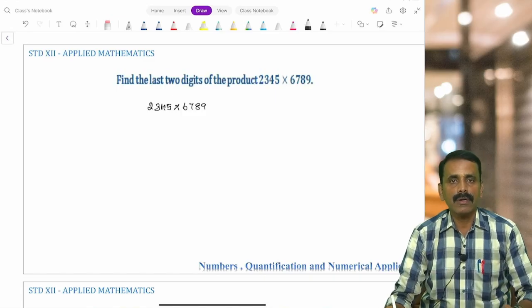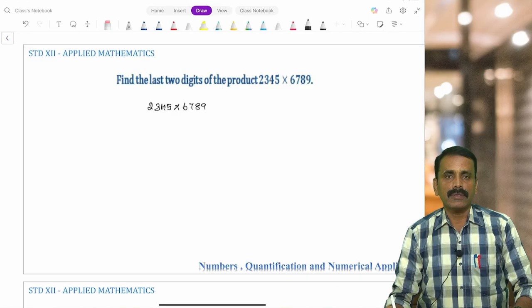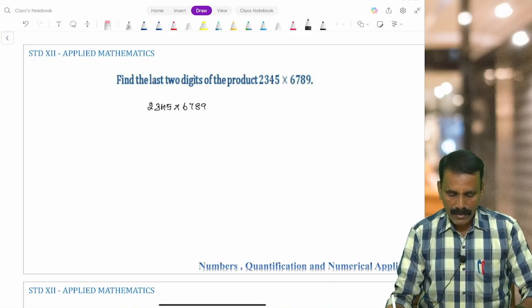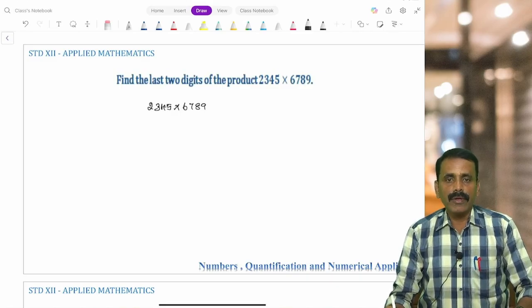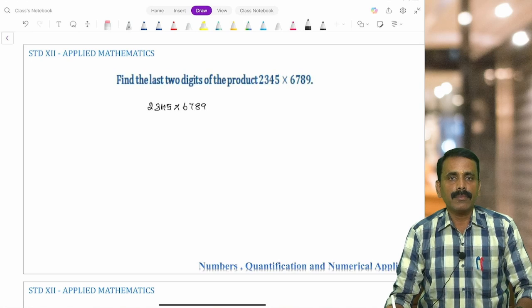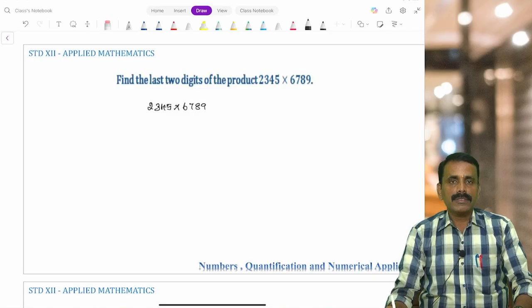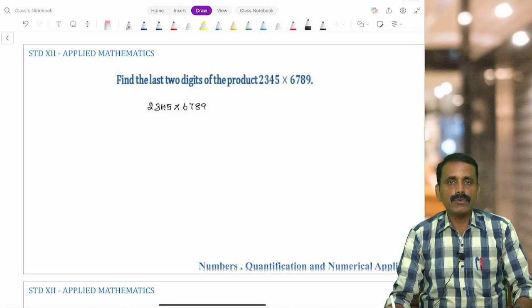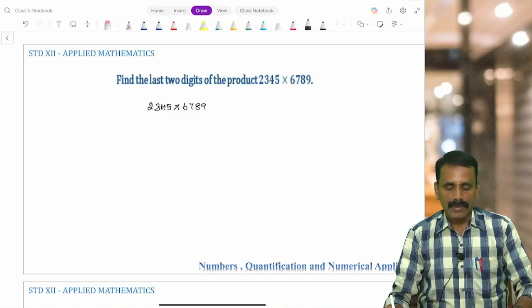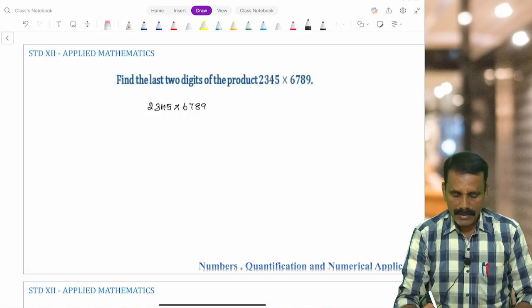We are going to concentrate on the last two digits of that product. So what we are going to do? To find the last two digits of the product, we must find the remainder when it is divided by 100, because the number which contains two zeros is nothing but 100. So we are going to divide this.